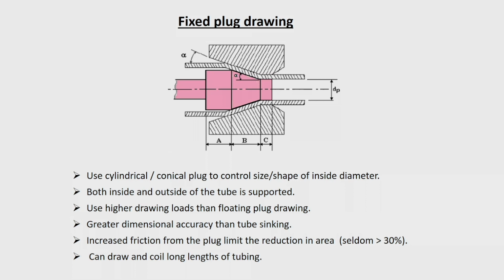The external part of the tube is supported by the die, and on the internal part there is a fixed plug which is stationary. So, these two surfaces are supported, and you can have a uniform thickness in your drawn tube.